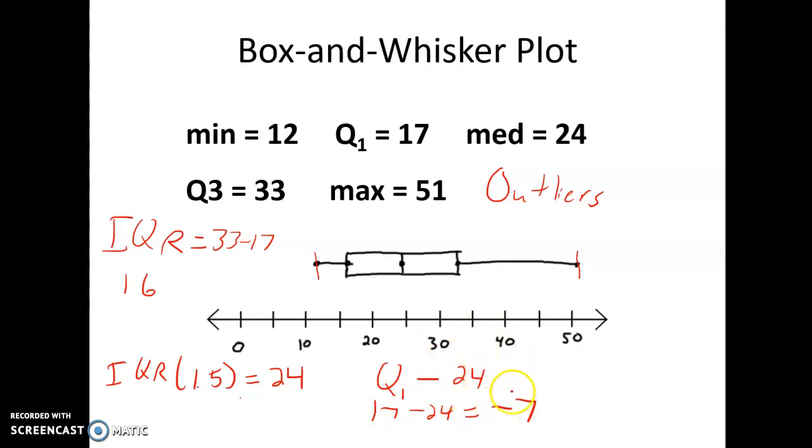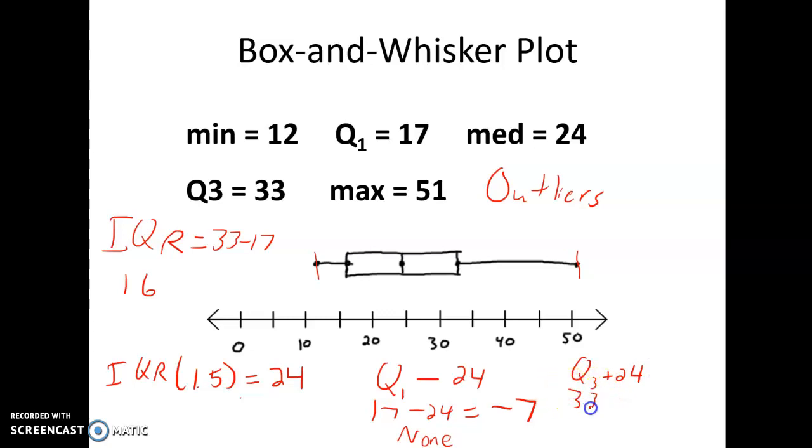Are there any numbers below -7? Well, what's the min number? It's 12. Is 12 smaller than -7? No. So there are no outliers below. Now we have to do the same test above. You take Q3 and you add on 24.